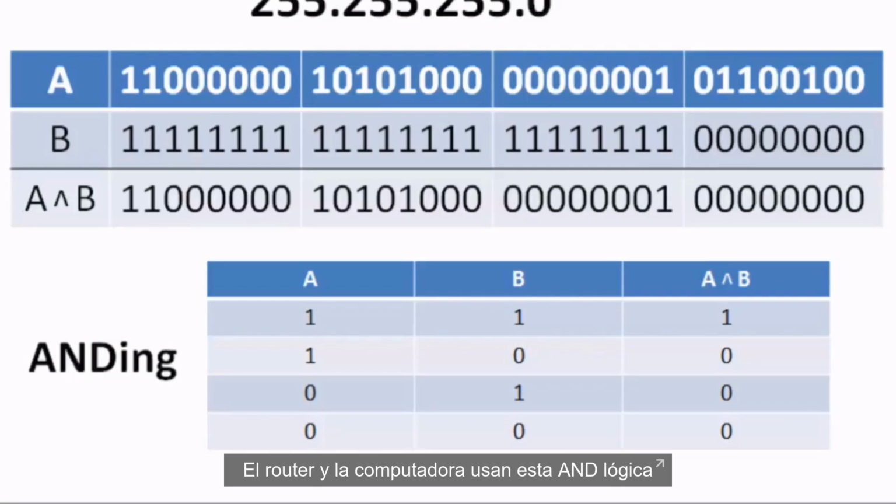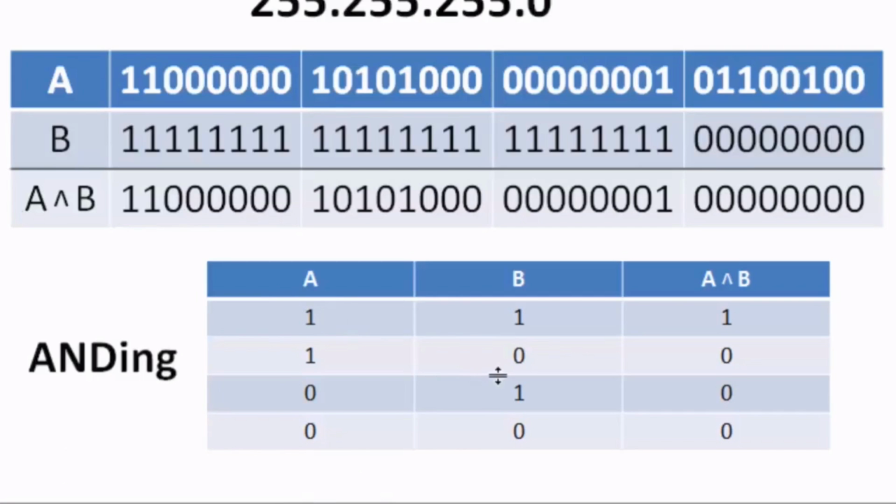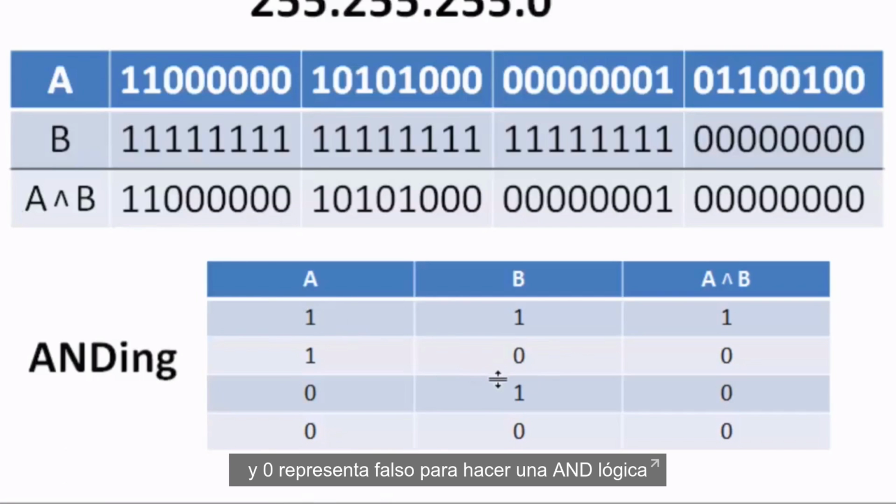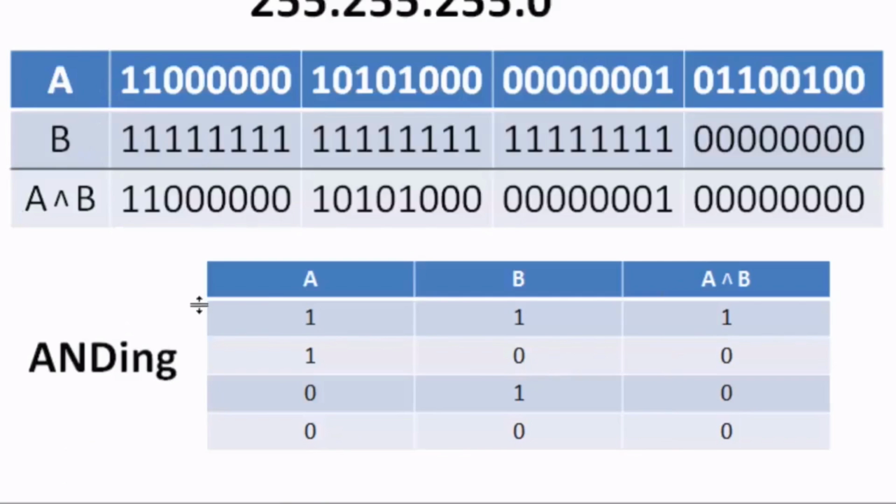The router and the computer use this logical ANDing, with 1s standing for true and 0s standing for false, to do a logical ANDing operation between the IP address and the subnet mask.